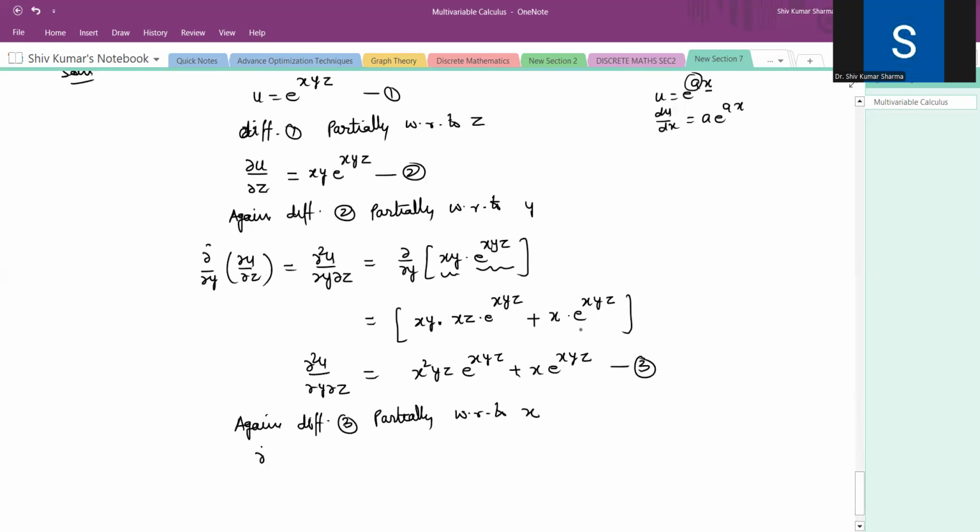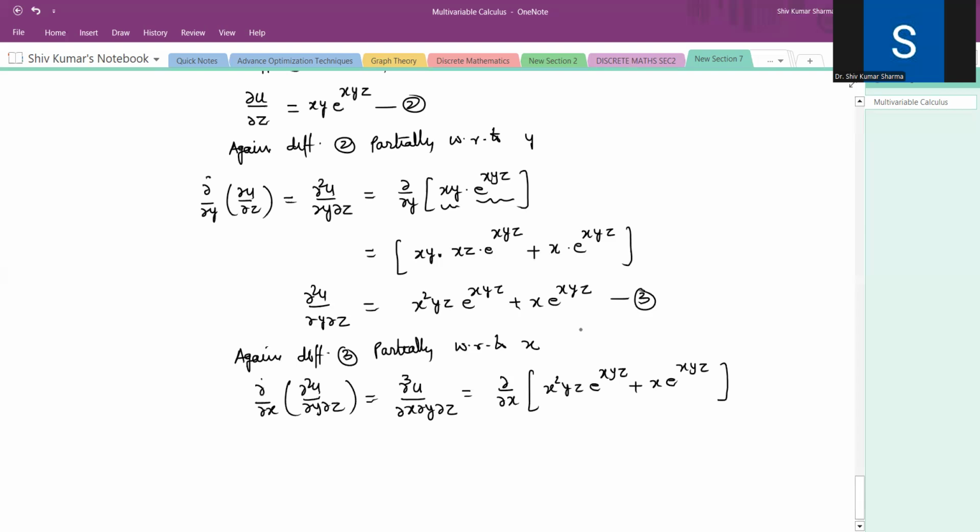This can be written as ∂/∂x into ∂²u/∂y∂z. This we write as ∂³u/∂x∂y∂z, which is equal to ∂/∂x into x square yz e raised to the power xyz plus x into e raised to the power xyz.